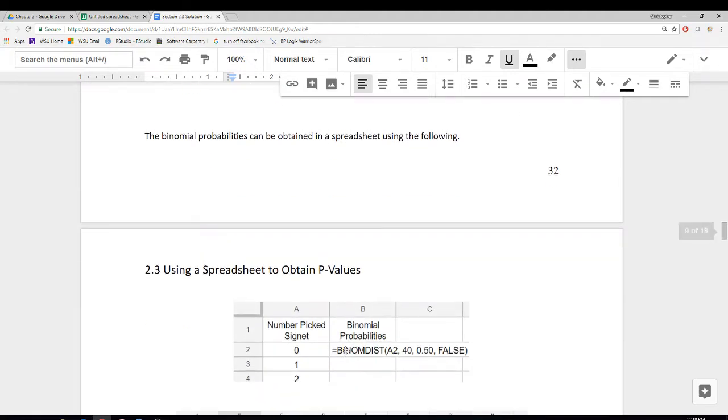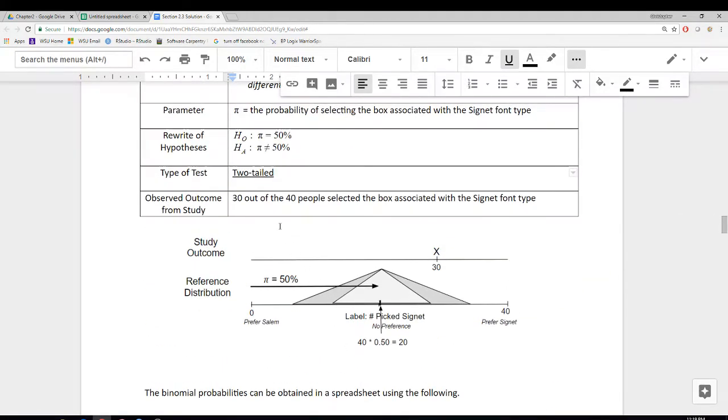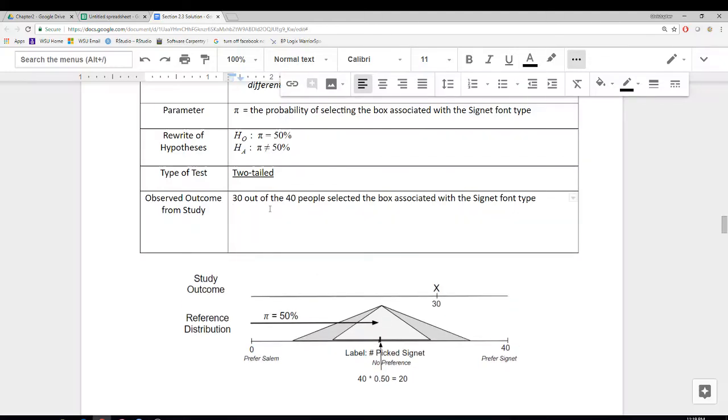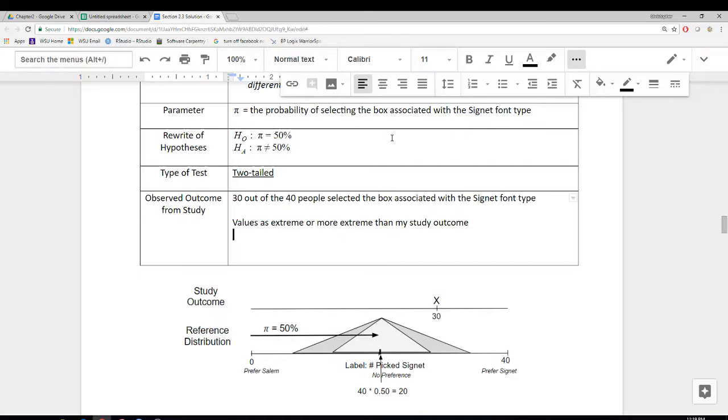So when I'm determining the values as extreme or more extreme than my study outcome, I'm going to need to determine what those are. Well, certainly I'm going to have 30 or greater.